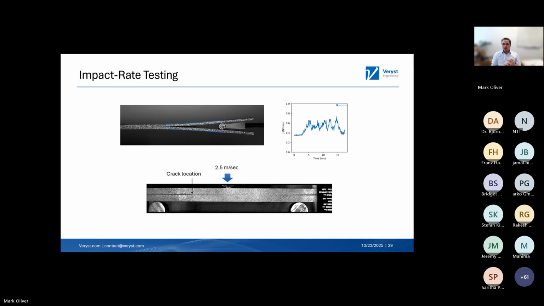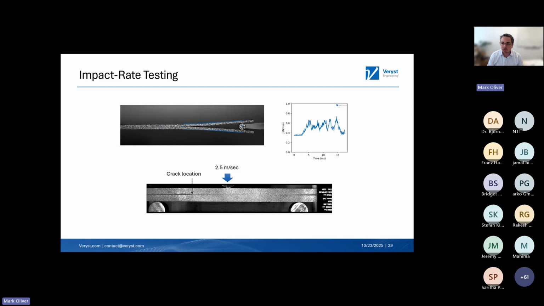And so you can define rate-dependent cohesive zone models or traction separation laws, which can be really important in these crash or impact models, because the adhesives, again, they're polymers, so they will exhibit some rate dependence, and the strength and the toughness that they exhibit will depend on how quickly you load them.